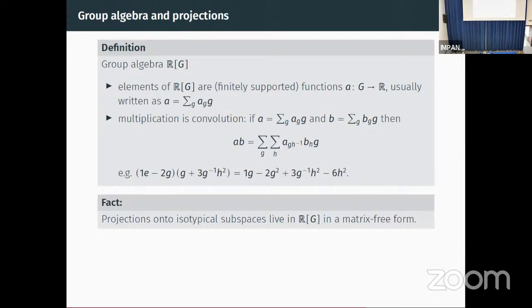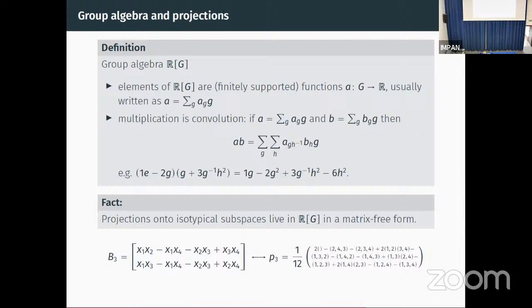And the projections onto those isotypical spaces, so the spaces of the same type, live in the group algebra as projections. Projection here means just that p squared is equal to p, in a matrix-free form, because this algebra doesn't know about the basis of this problem. So for example, this subspace with the chosen basis corresponds to this projection, which is 1 over 12 times 2 identity minus permutation (2 3), (2 4 3).